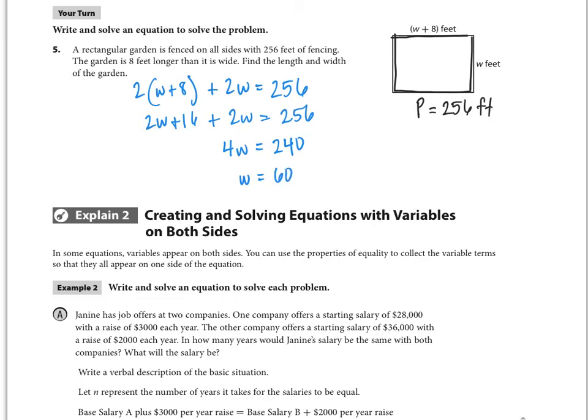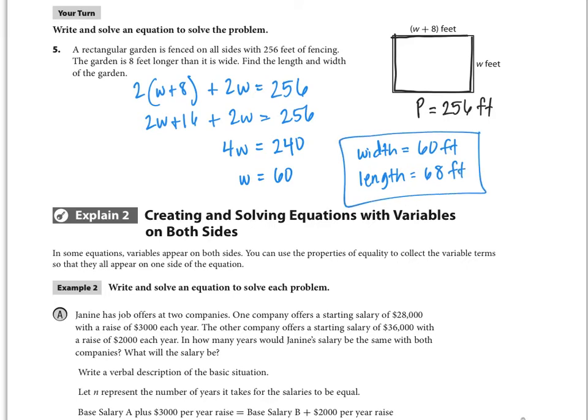W, remember, is the width. So if my width is 60 feet, and the problem in words and in the picture tells me that the length is 8 feet longer than the width, that tells me that the length is going to be 68 feet. And there's my solution.